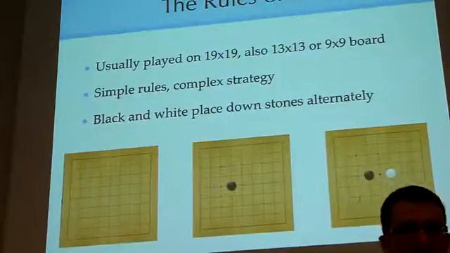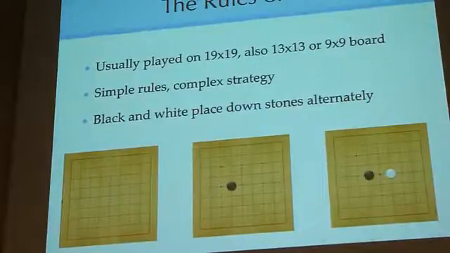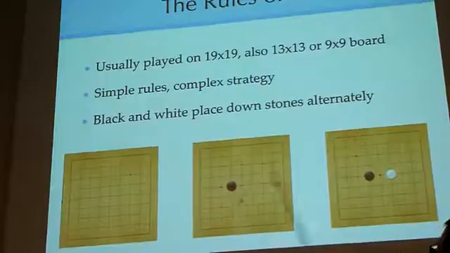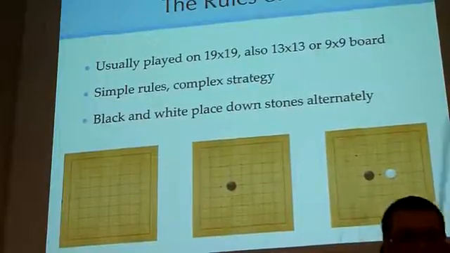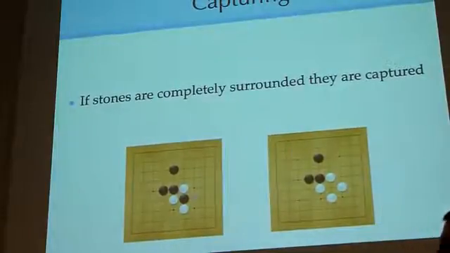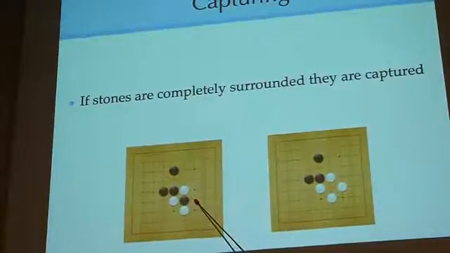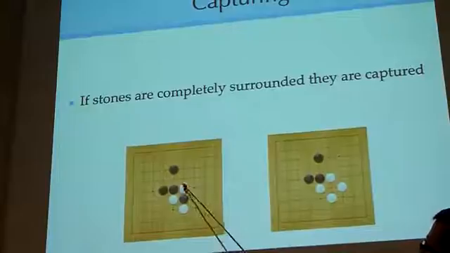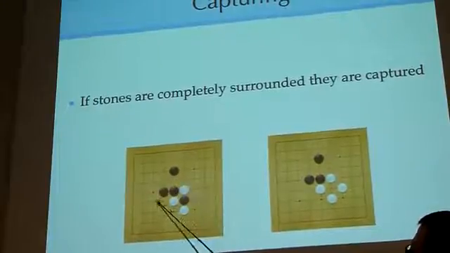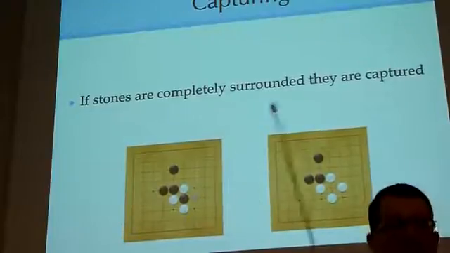Very briefly, it's a game where each player takes turns to place down stones. Black places down a stone here, white gets his turn, he places down a stone here. And pretty much the only rule you need to know about is that if stones are completely surrounded, like if this black stone, or these two black stones here, were completely surrounded by white stones, then they get captured and removed from the board and they become prisoners at the other side.